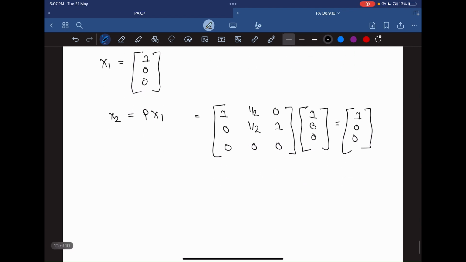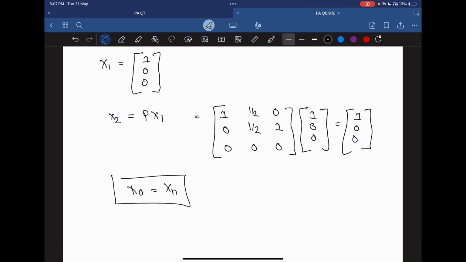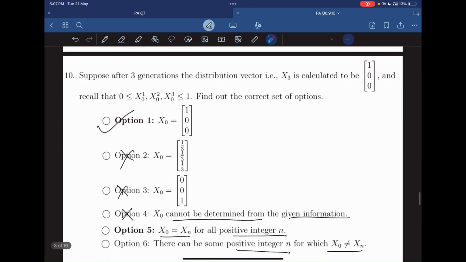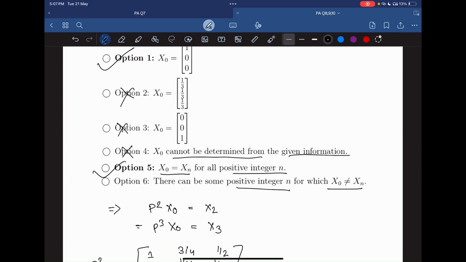And in fact x naught would be equal to xn for any positive integer n, as P is always a constant, the same matrix, and as the result we are always getting (1, 0, 0). So for any recurrent solution you will get the same distribution vector as x naught. So option 5 is correct and option 6 is wrong. Thank you.